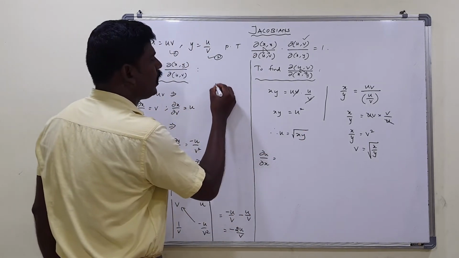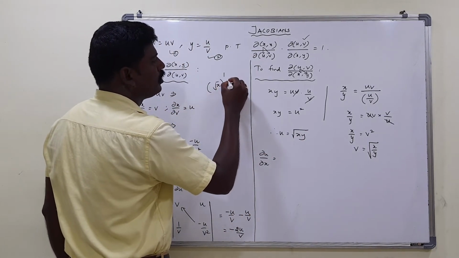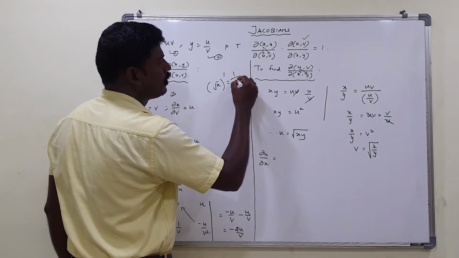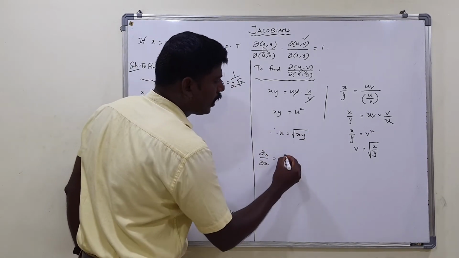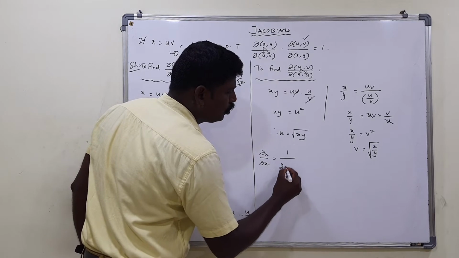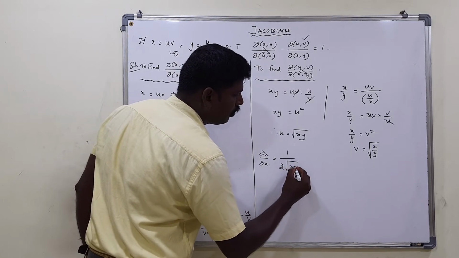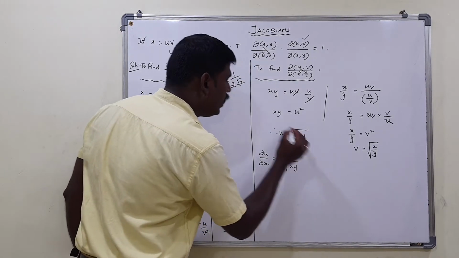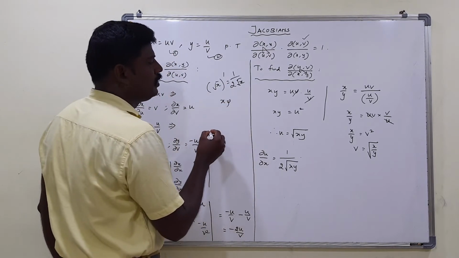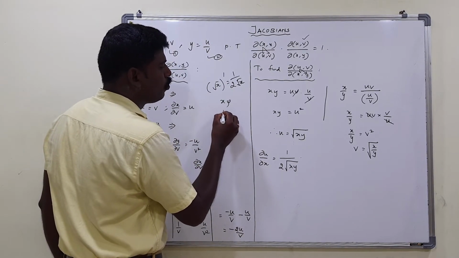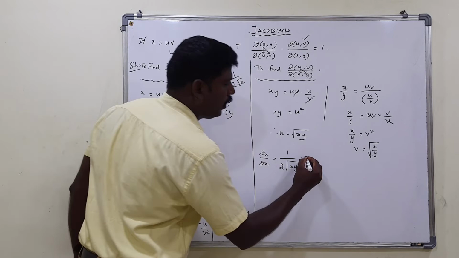What is the derivative of root x? The derivative of root x is equal to 1 by 2 root x, isn't it? So the derivative of root xy is 1 by 2 into root of xy into the derivative of the term inside the function, xy. The derivative of x becomes 1 into y, so it is y.